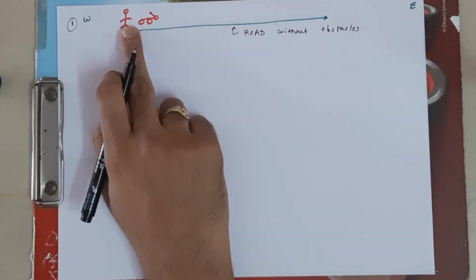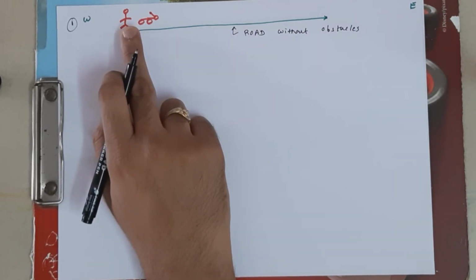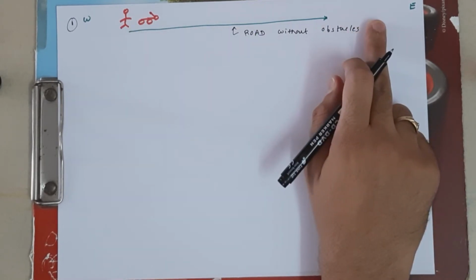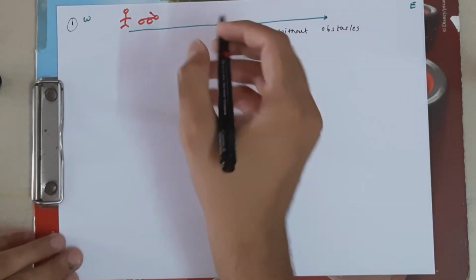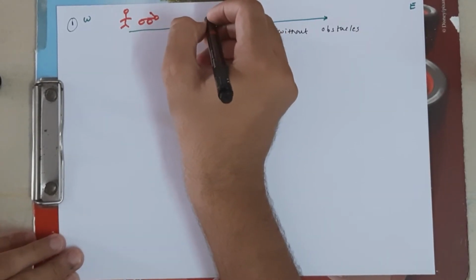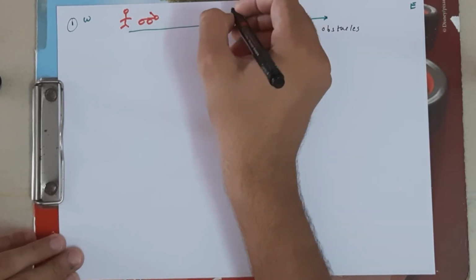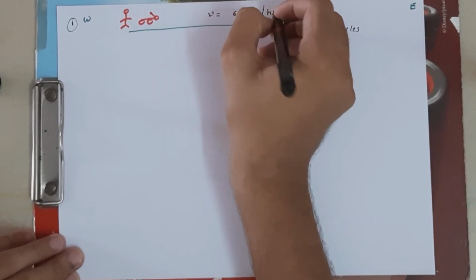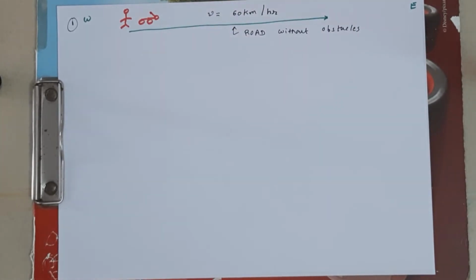So this boy drives his motorcycle throughout this road with constant velocity. Suppose we assume the velocity of this motorcycle is 60 km/h, constant velocity. Because the road has no obstacles, the speed of his bike is constant. So the boy cannot reduce or decrease the speed.